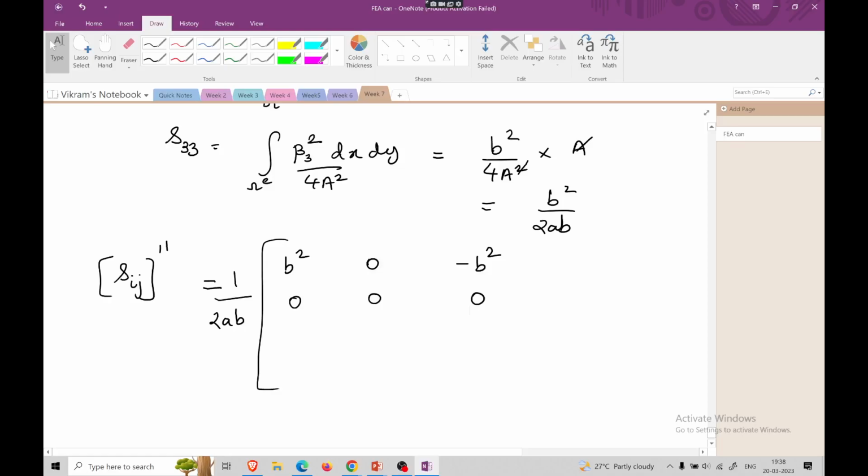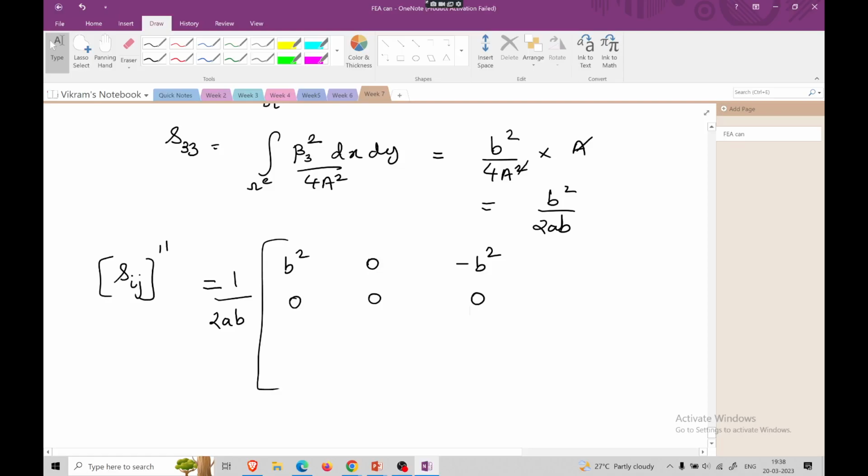You can say this is a square by 2ab. S23 will be 0 because it will involve term gamma 3. So gamma 3 is 0. And one more thing, S31, S32, S33 all will be 0. Why? Because gamma 3 is 0 always.